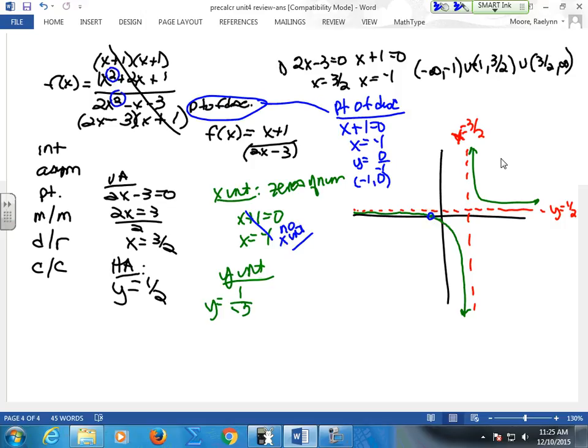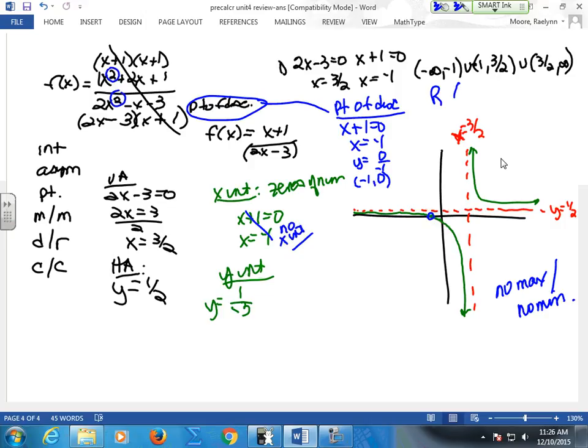Okay. So now you can find your range. Wait, do we have any maximums and minimums here? No max, no min. So let's find our range. Our range starts here. We're looking at your y values. Comes all the way up. Whoops. Can I use that 0 here?